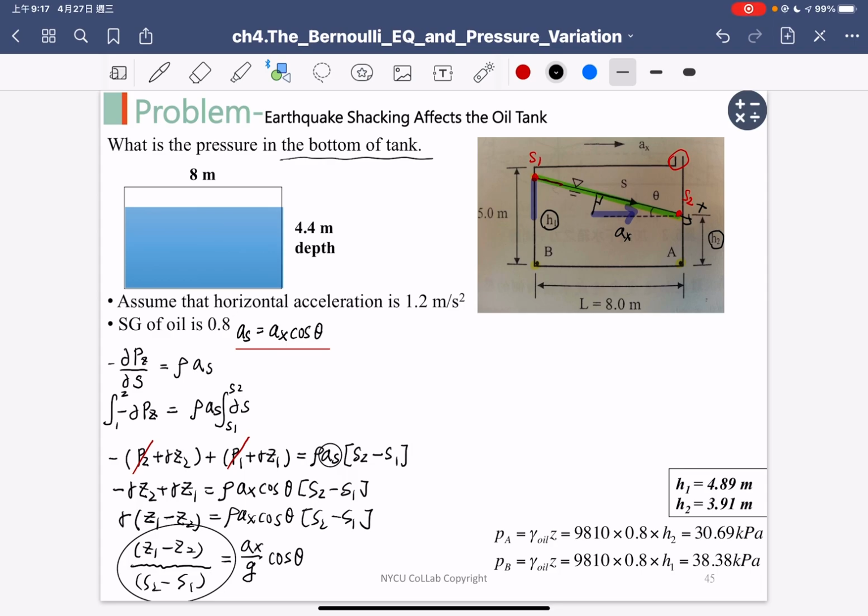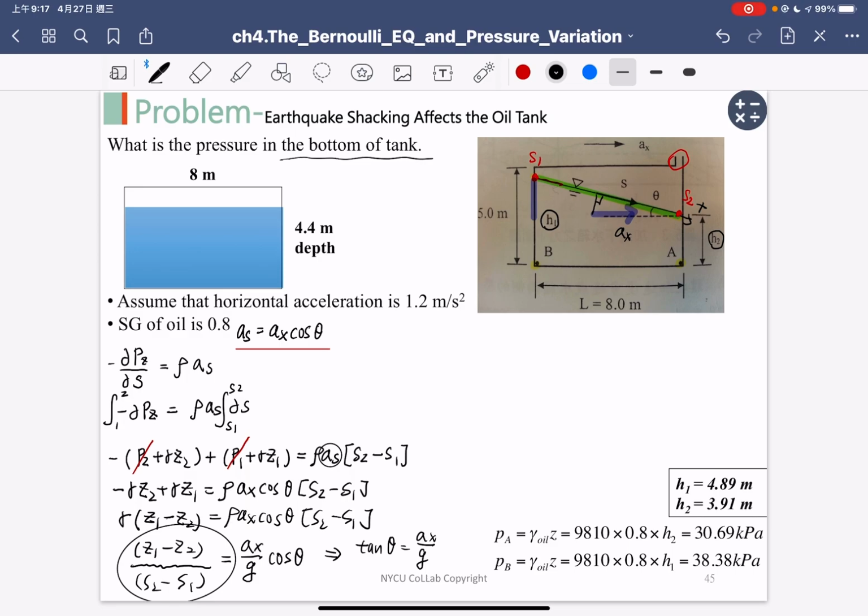So we can reorganize the final equation. It will equal the sine theta divided by the cosine theta, which is the tangent theta, and this will equal AX over G, right?